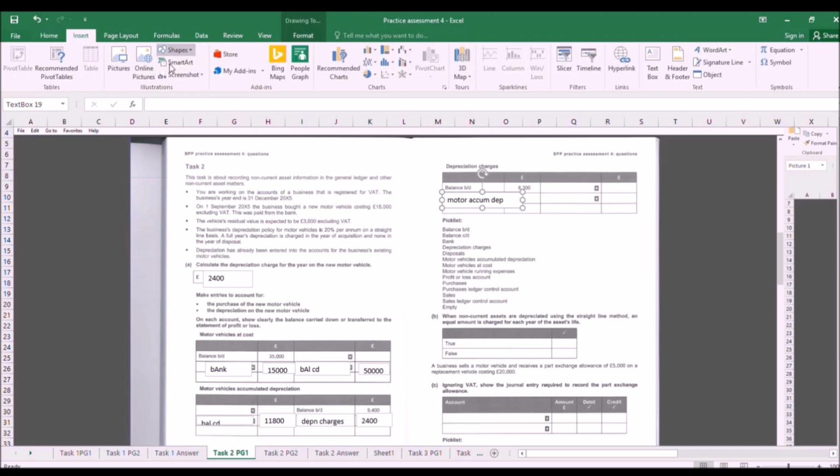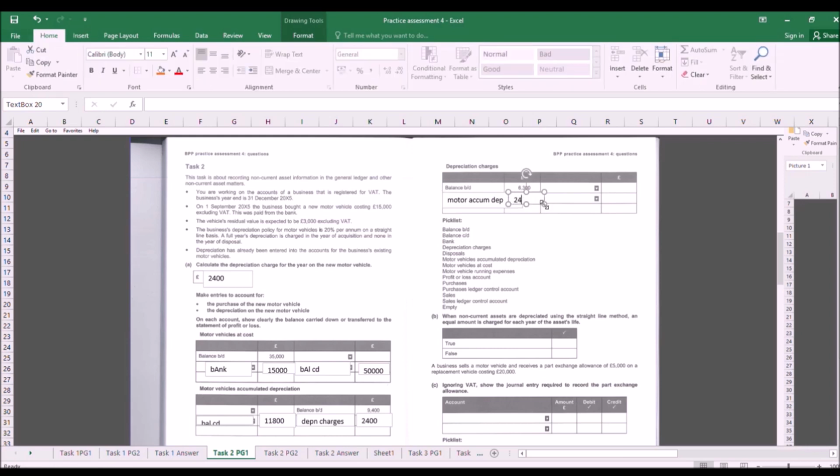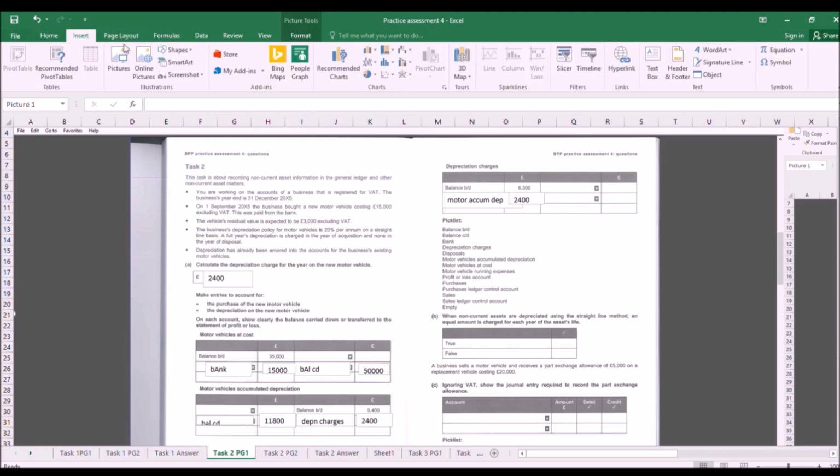Actually, what you would have in reality is journal numbers, but it is what it is. 2,400, and then this is going to be a transfer to the profit and loss account somewhere. We're going to put it into the profit and loss. Oh, there we go. There's our transfer to the profit and loss account.